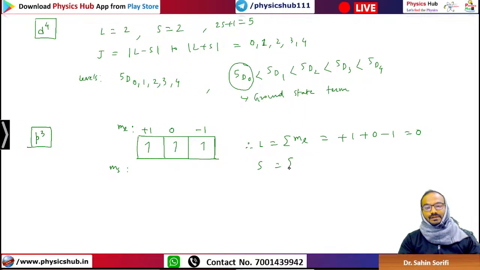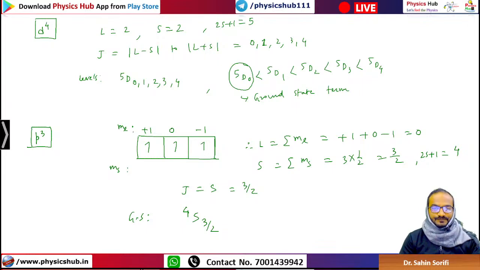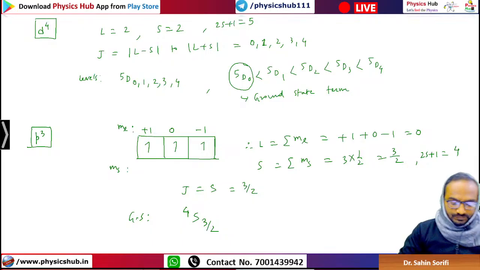What about S? Sum over ms: half, half, half, 3 by 2. And you know, for half filled, J equals S, 3 by 2. So ground state 2S plus 1 is 4. L equals 0 means S. J equals 3 by 2. So the ground state is 4S3/2. Clear?